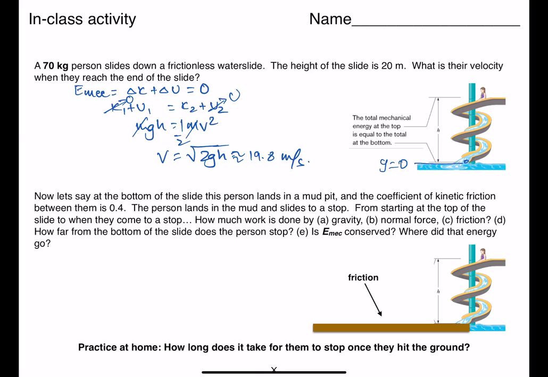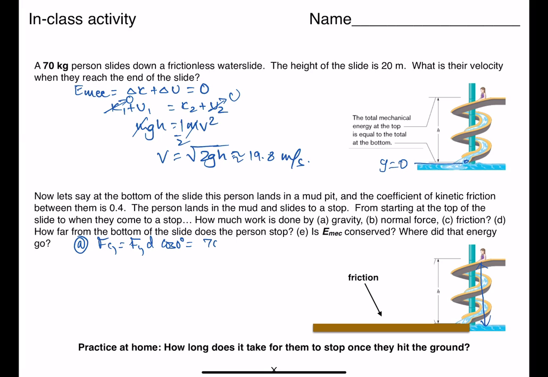All right, let's calculate all that. A, work done by gravity. Gravity just does the work over this height here. So that would be force gravity times d times cosine of 0 degrees.